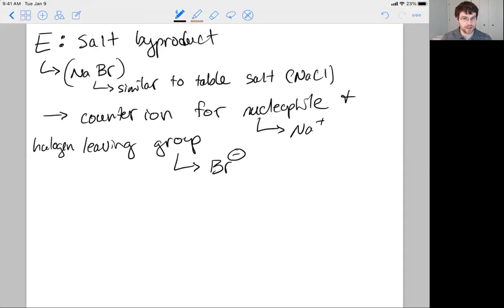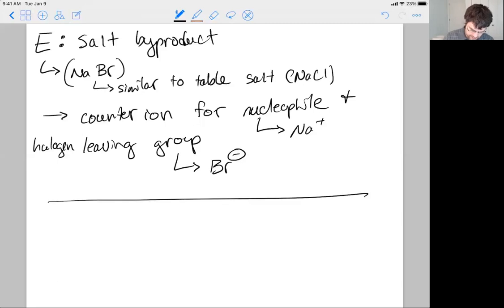That's just something that we need to do to balance the charge. Maybe we can talk about it sooner rather than later, but what I want to do is look at another example of this. Let's do a cool example.